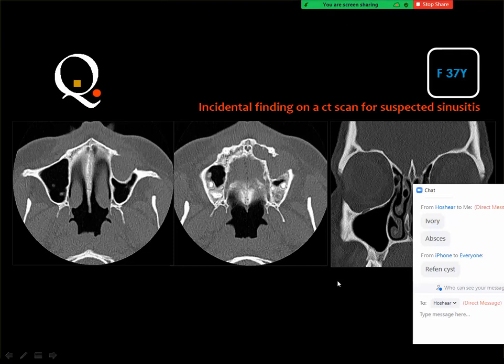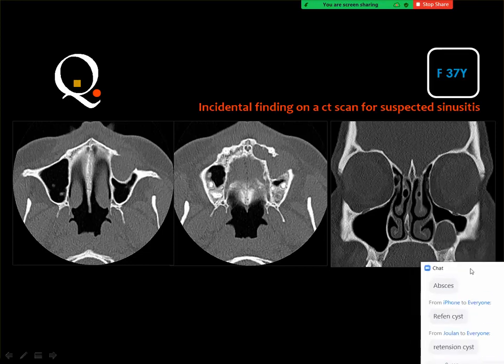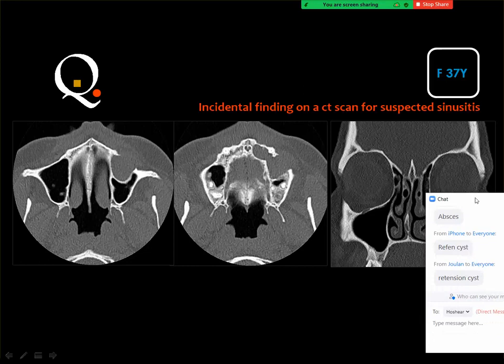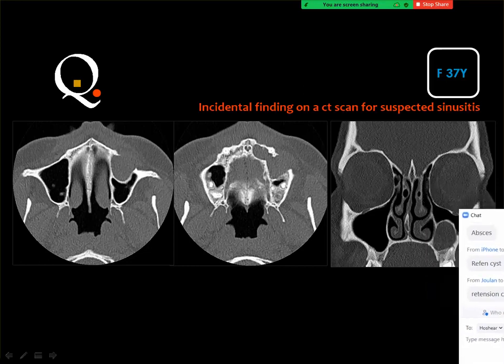It is in the alveolus, not in the maxillary sinus, and is surrounded by bone, and is unilocular in appearance. And of course, it does not show malignant criteria.